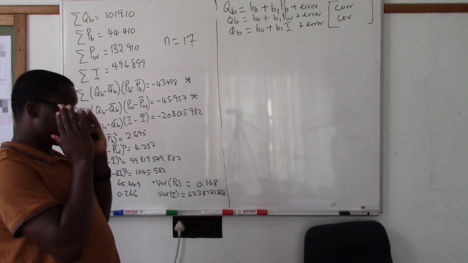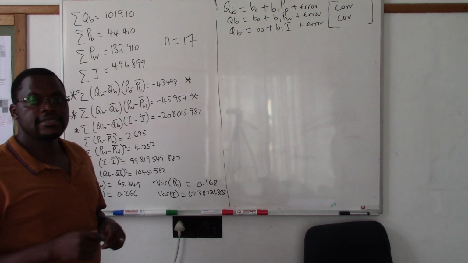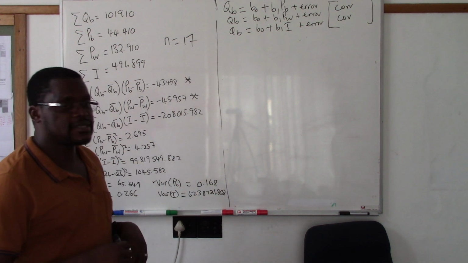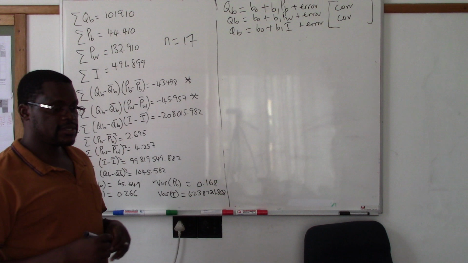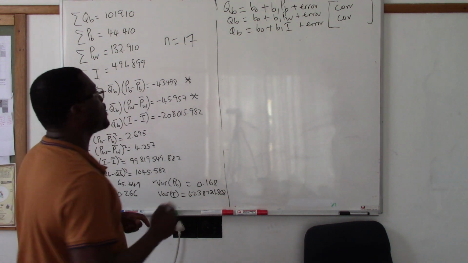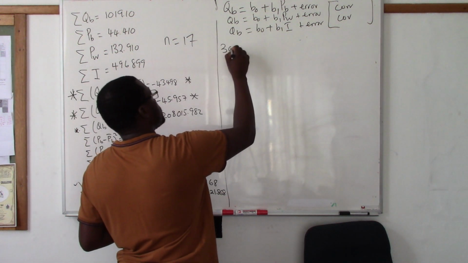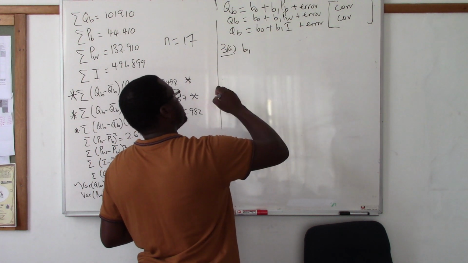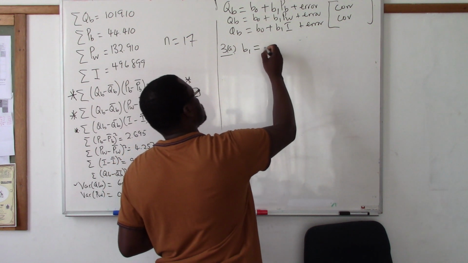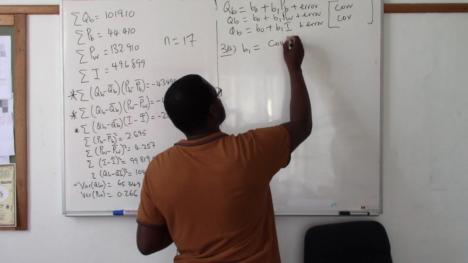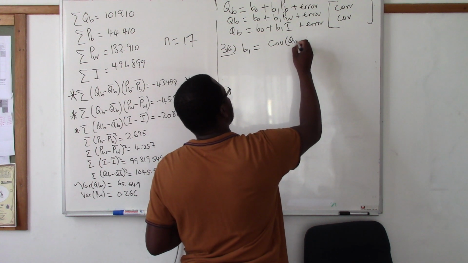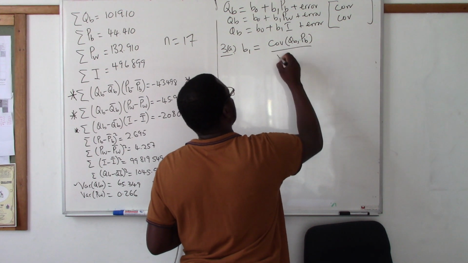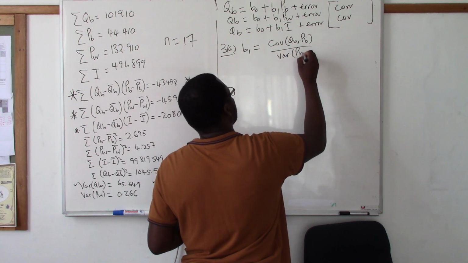So I will use both methods for the first example. For the rest of the questions, I'll just use the correlation coefficient. So for your 3a, what we know is that beta 1 is equal to the covariance of QB PB over the variance of PB.